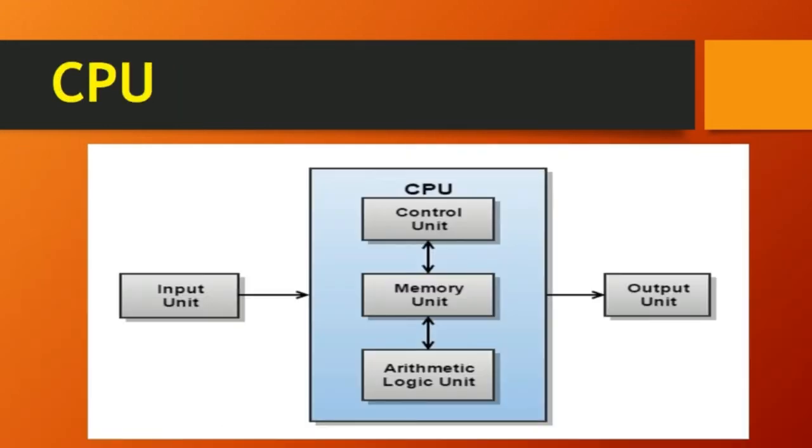The next one is the CPU, which is the brain of the computer. CPU stands for Central Processing Unit. In the CPU we have 3 subunits, that is CU, ALU and MU. CU stands for Control Unit.